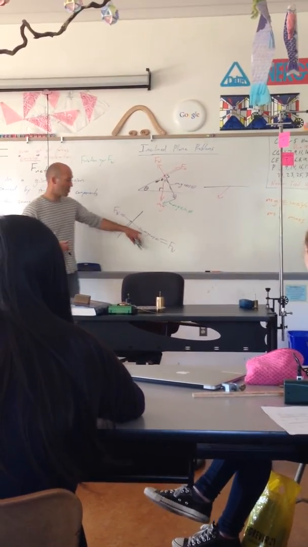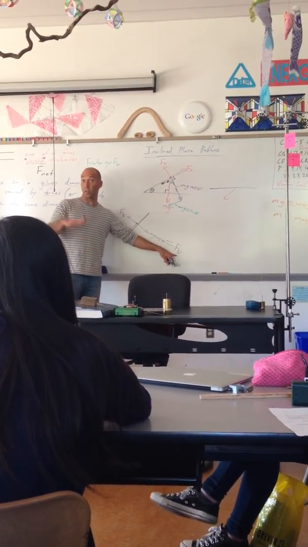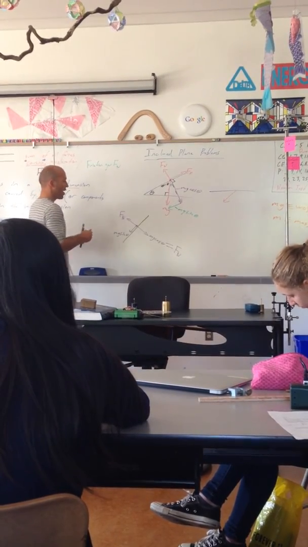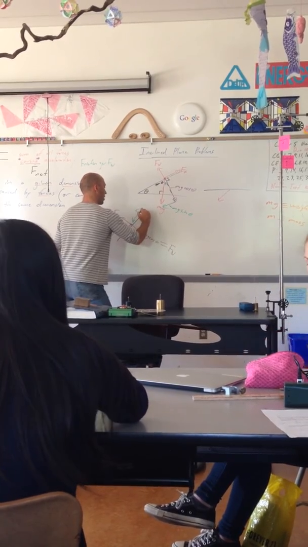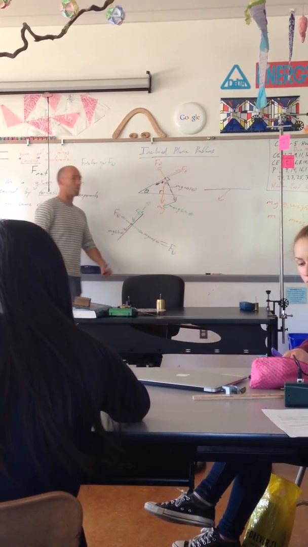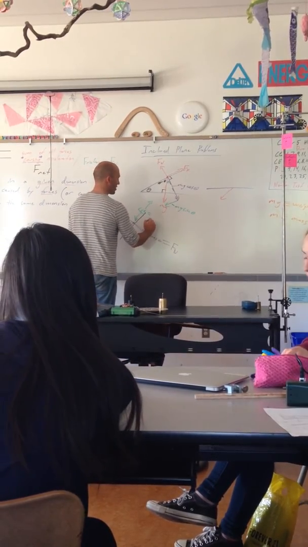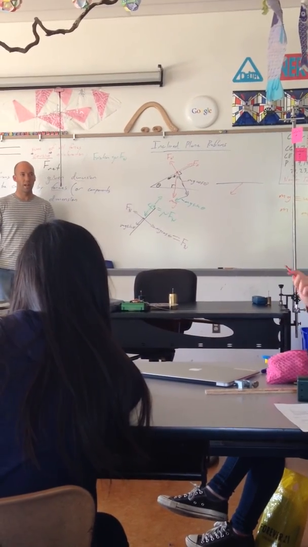So, mg cosine theta is always equal to the normal force, assuming that no acceleration is taking place in the vertical direction. And, moreover, I don't necessarily know which direction friction works. Friction could work up the slope or down the slope, depending what's happening. But I do know that friction is always mu times the normal force. Right?